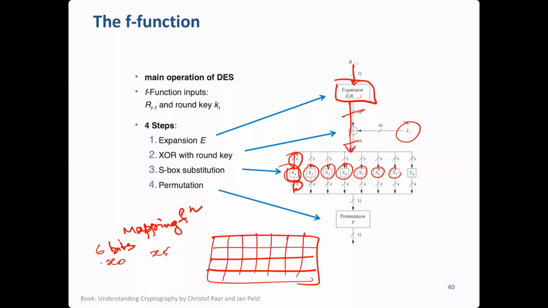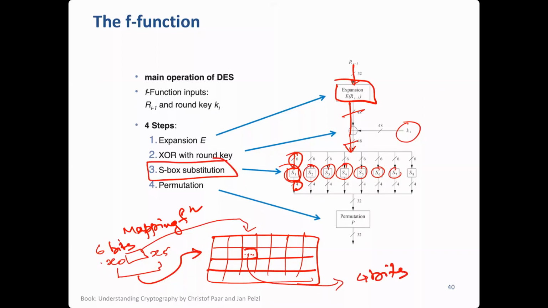The first and the last bit will define which row, and then the remaining 4 bits in between will define which column. And you just take that, and there will be 4 bits here, statically defined. So take these 4 bits and substitute these 6 bits by 4 bits. So you create a very simple table, which is called an S-box.